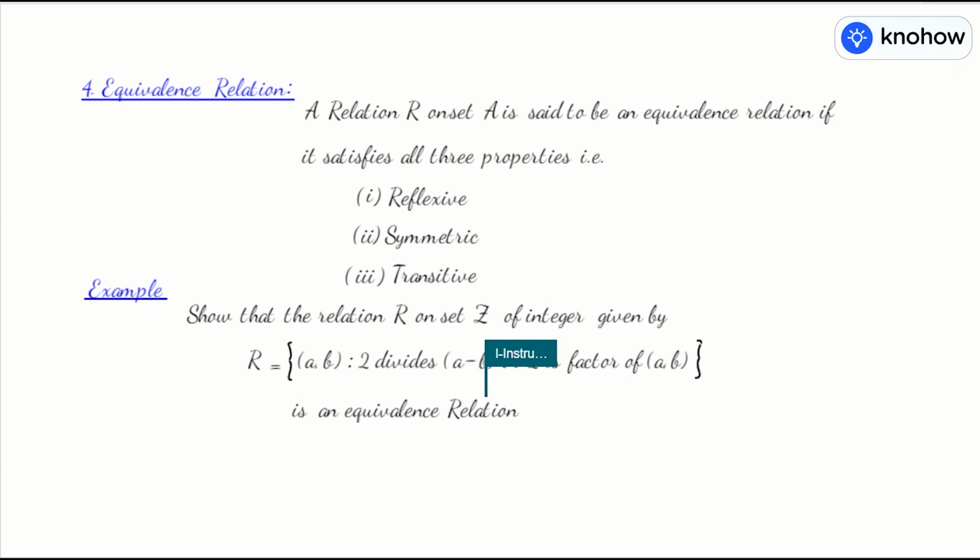Take the proof. So to prove that this relation is an equivalence relation, what is required? We need to prove it is reflexive, symmetric, as well as transitive. So let me take them one by one. Now for reflexive, let a be any integer, a belongs to Z. Then what do you say about a minus a? a minus a is 0, which is very much divisible by 2.